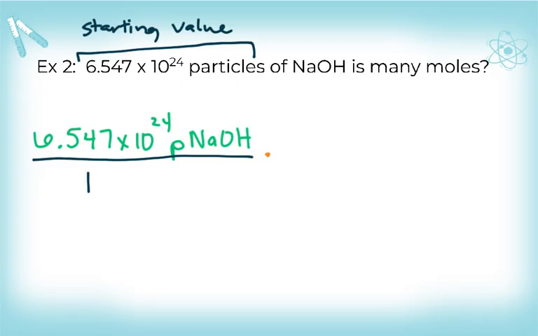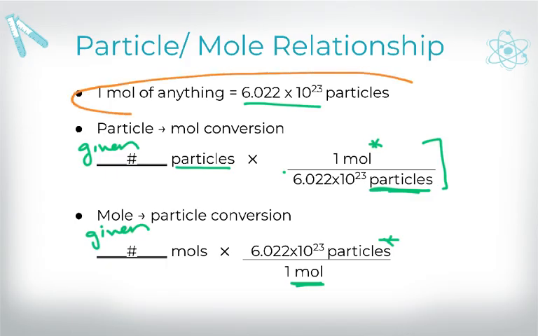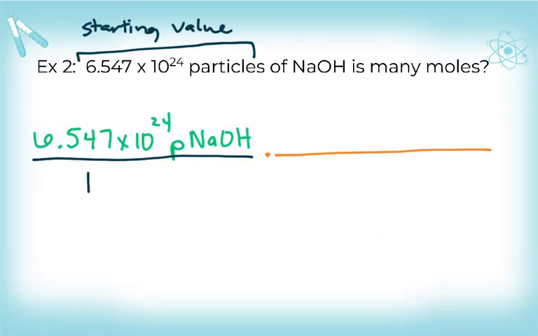And when I'm looking at what my conversion factor is going to look like, our conversion factor is 1 mole equals 6.022 times 10 to the 23rd particles. I'm going to put what I want to get rid of on the bottom. So I'm starting with particles, so I'm going to put that 6.022 times 10 to the 23rd particles on the bottom.